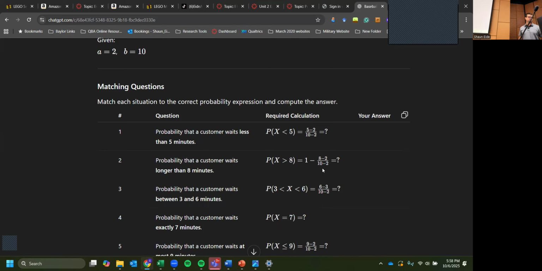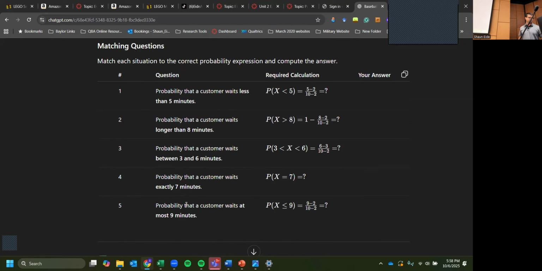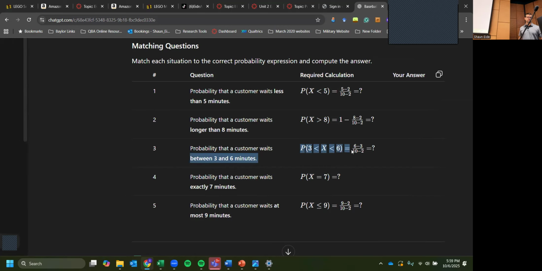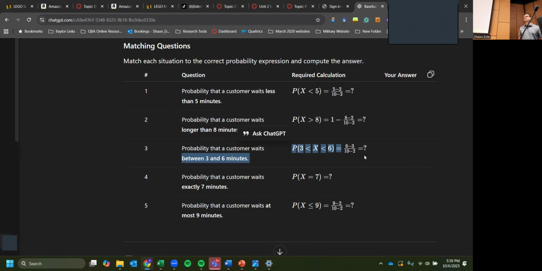So that's going to be 2 over 8, which is 25%. It would be wrong if they're subtracting that. Oh, you know what? I didn't see that. There you go. There's that. Just not the way I would do it. Okay. And then the probability that a customer waited between 3 to 6 minutes. Just 3 over 8.